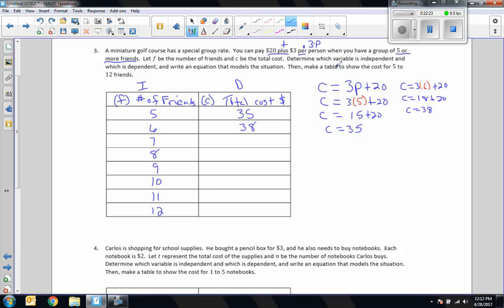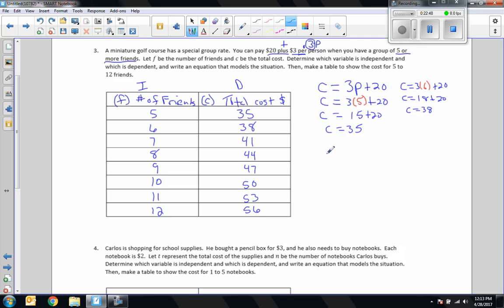So it's increasing by our coefficient value here. It's increasing by our coefficient, $3 per person. $20 doesn't change, so all I'm doing is adding 3 now, so that's quicker. So I'm going to put 38 plus 3, 41 plus 3, plus 3, plus 3, plus 3, and plus 3.